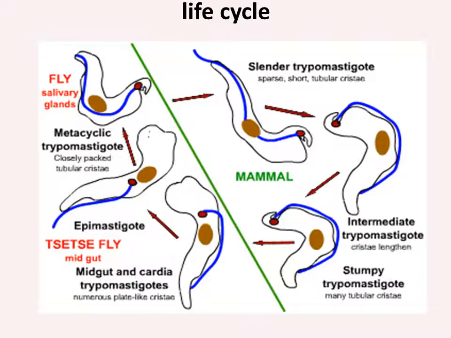In the tsetse fly, Glossina, it begins with ingestion of trypomastigotes in a blood meal from the reservoir host.